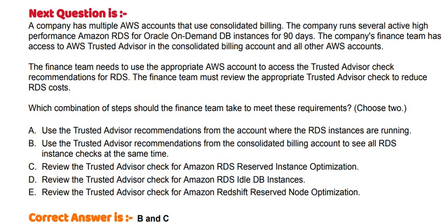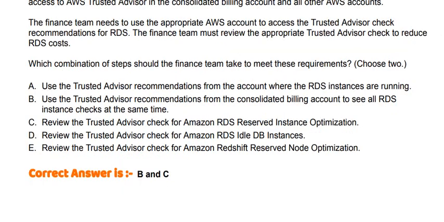Option C. Review the Trusted Advisor check for Amazon RDS Reserved Instance Optimization. Option D. Review the Trusted Advisor check for Amazon RDS Idle DB Instances. And option E. Review the Trusted Advisor check for Amazon Redshift Reserved Node Optimization. And the correct answer is option B and C.